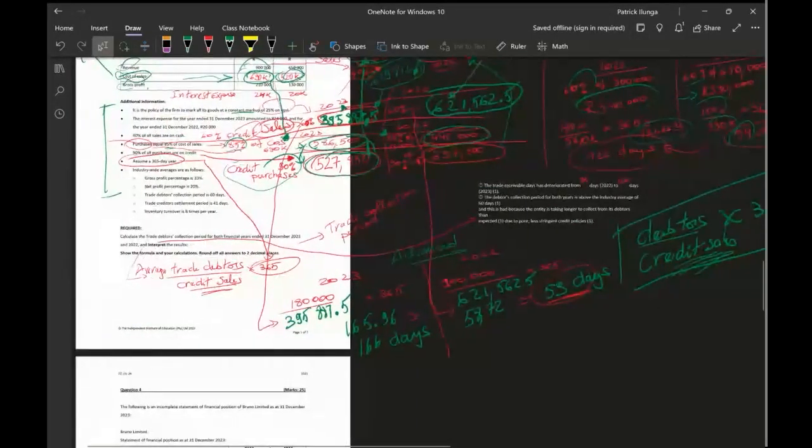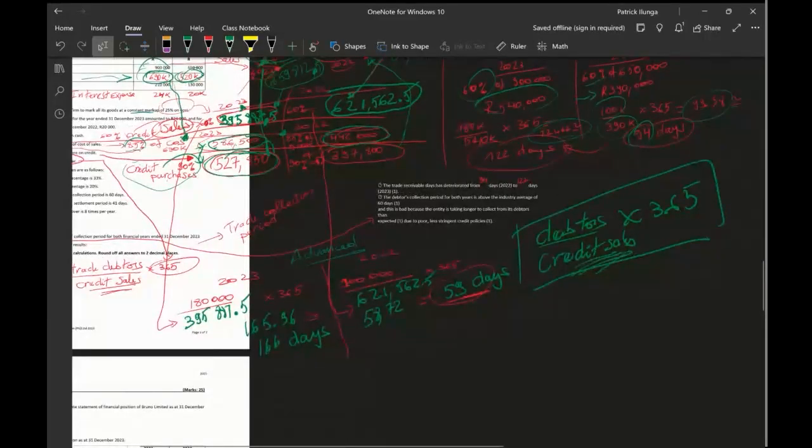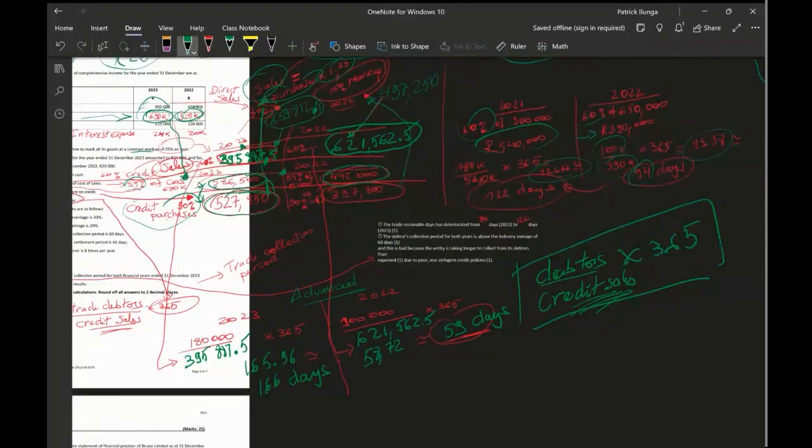So let me go to the interpretation. What is the interpretation now of this? You went from 94 to 122. What it says is that it's not a good thing. You're taking too long to collect the debts from your debtors.